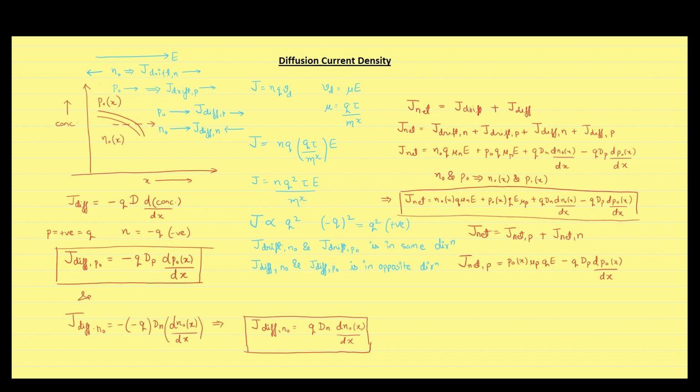Similarly, we have net current density due to free electrons to be equal to this. These two formulas are also important.